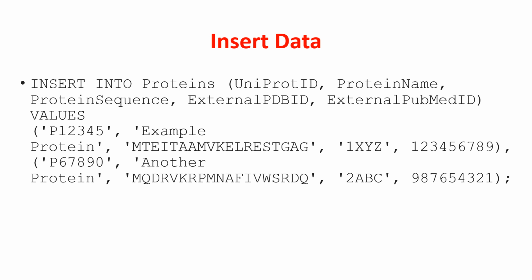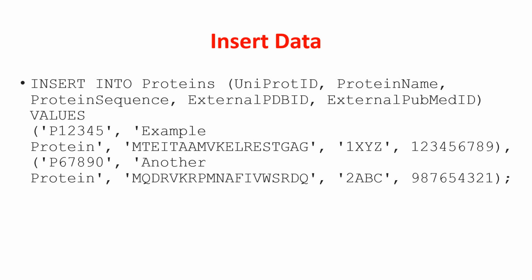Then we open the parentheses and close the parentheses with the semicolon. Inside this table, we have the UniProt ID, the name of the protein, sequence, the external PDB ID, and the external PubMed ID.